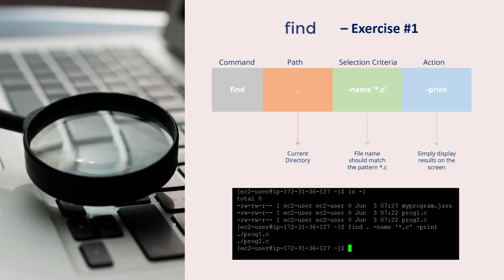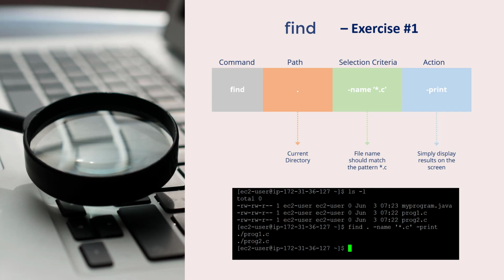One of them is a .java file and 2 of them are .c files. So when we invoke our find command on the current directory with the selection criteria as *.c pattern file names, the 2 files are returned which have the .c extension. This is the expected result.